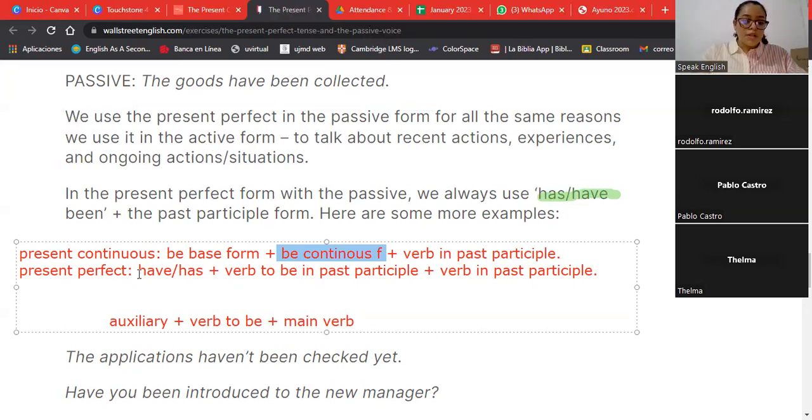La estructura para el present perfect siempre va a ser have or has plus the verb in the past participle. ¿Verdad? Pero como nuestro verb, en este caso es el verb to be, acá es el verb to be en the continuous form y acá es el verb to be en el past participle form.